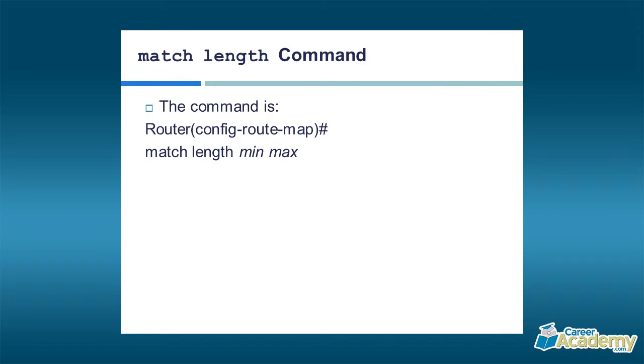The match length command is match length min max. We use this command to establish criteria based on the packet length between specified minimum and maximum values. For example, you as an engineer can use match length as the criteria to differentiate between file transfer and interactive traffic, because file transfer traffic usually has much larger packets.